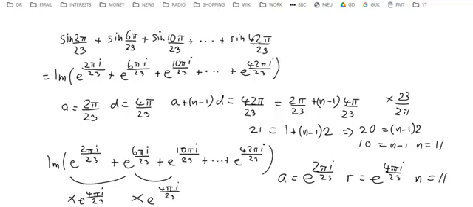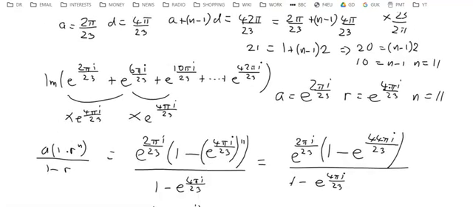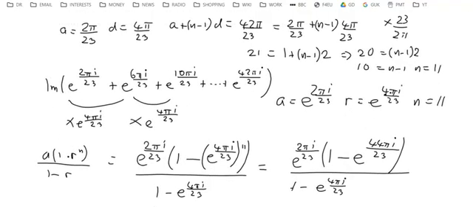If we bear in mind the usual formula, a(1 − r^n)/(1 − r), we find that we have e^(2πi/23) multiplied by (1 − (e^(4πi/23))^11), all over 1 − e^(4πi/23).